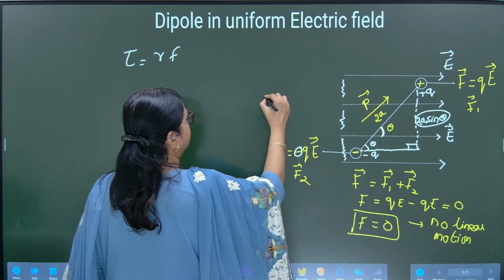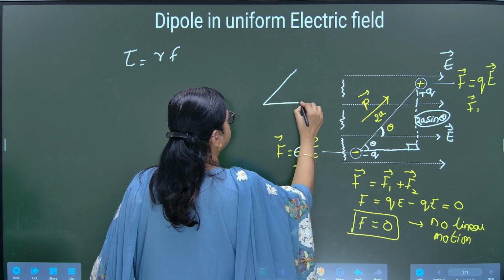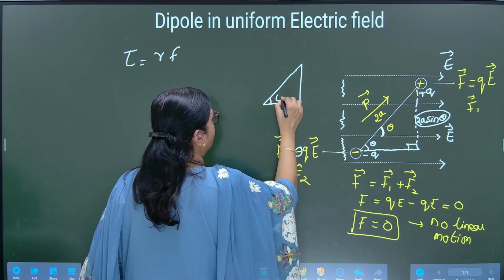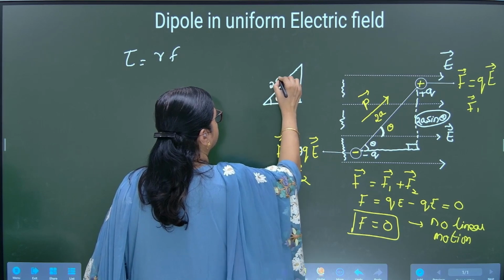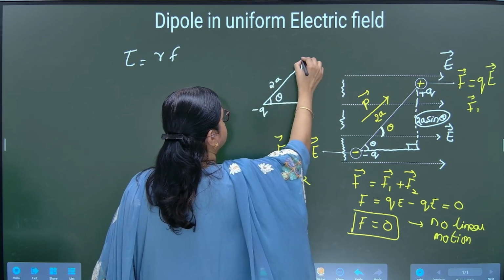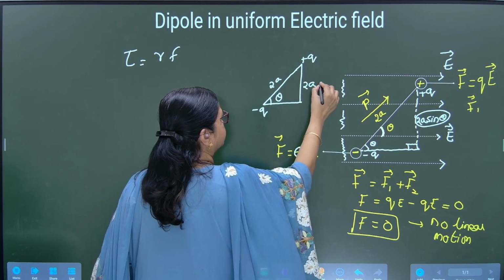For your convenience, I am just drawing this triangle again, so that there should be no confusion. How did we get 2a sine theta as this particular side?